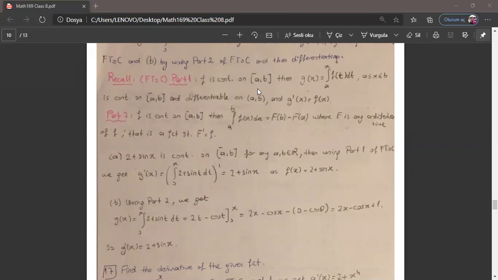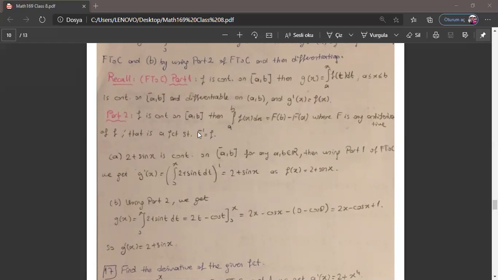And we see the assumptions in the theorem hold because 2 plus sine x is continuous on this interval because sine is continuous everywhere and 2 is a constant function and the sum will be again continuous. Okay, so we use the first part and get g prime equal to this one's derivative, and it is equal to this because it says g prime of x is equal to f of x. If we have this is x, okay, from a to x. So here we have this.